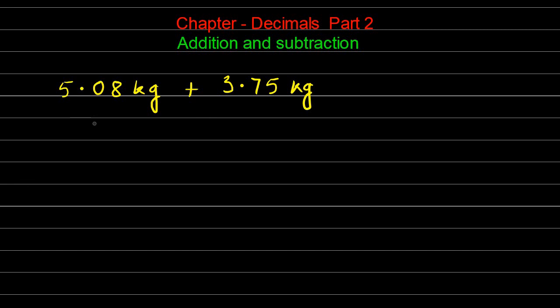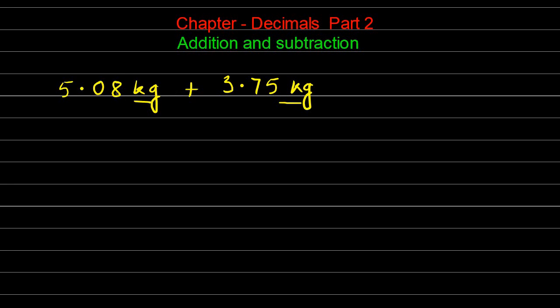First, while adding or subtracting, make sure that your two values are in the same unit, kg. If they are not in the same unit, you have to make them the same unit. Either it will be expressed in the question itself that they need the answer in a particular unit, so you can convert your units accordingly.